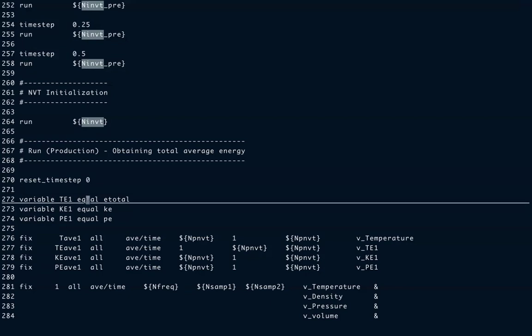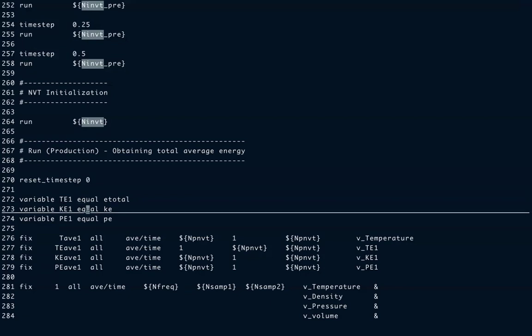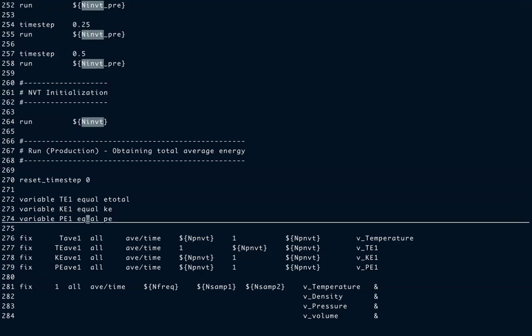I initialize 3 variables called TE1, which equals the E total or the total energy, which equals the sum of the potential and the kinetic energy. I initialize a variable called KE1, which equals the kinetic energy, and then PE1 equaling the potential energy.